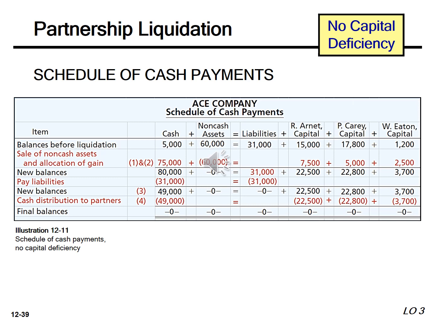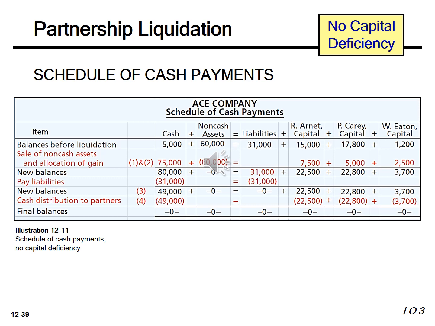And of course, this is the assets side, and it will equal the liabilities plus owner's equity side based on the accounting equation that we all know. So the liabilities in this case were 31,000. Arnett's capital was 15,000. Carey's capital was 17,800, and Eaton's capital was 1,200.